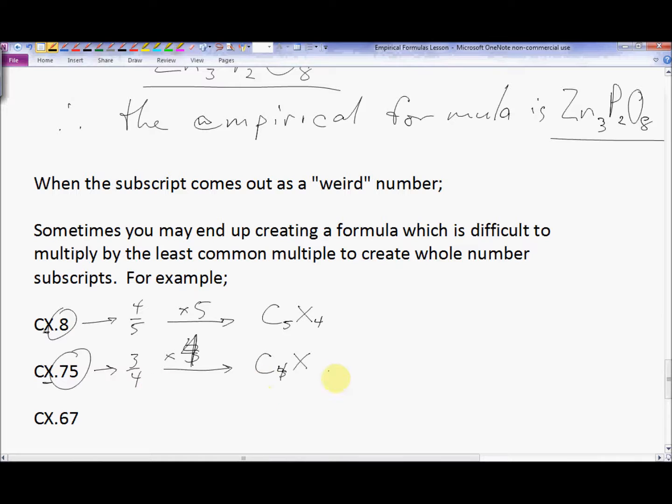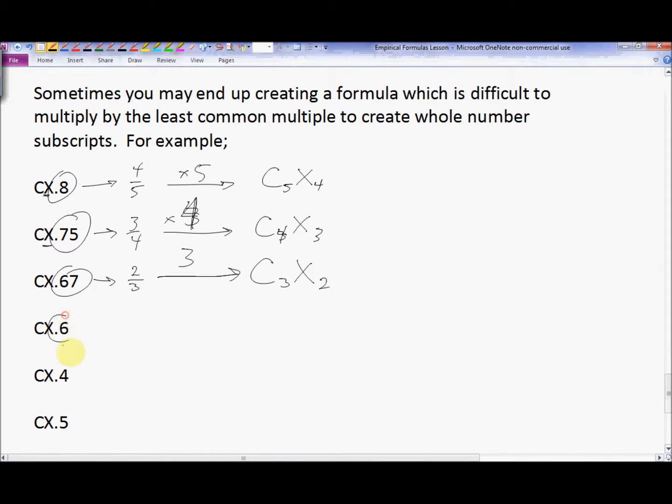For CX 0.67, just recognize 0.67 as basically the fraction 2/3. So we're going to multiply by 3 and end up with C3X2. If you have 0.6, recognize that to be 3/5.